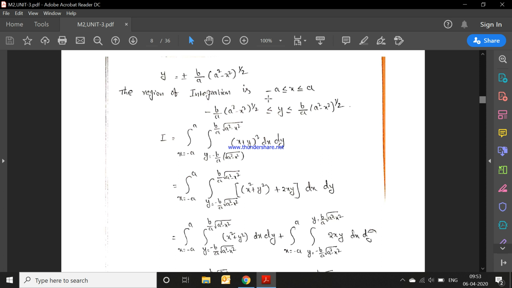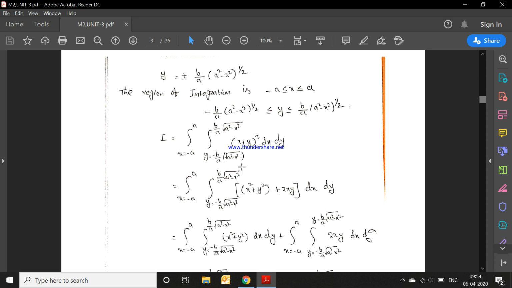The region of integration is x limits minus a to plus a, because we are finding the integration for the whole ellipse. So that's why we are taking total limits minus a to plus a, and the next one is minus b by a under root of a square minus x square less than or equal to y less than or equal to b by a under root of a square minus x square.